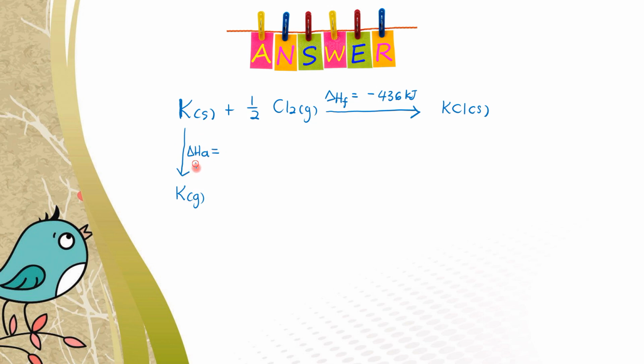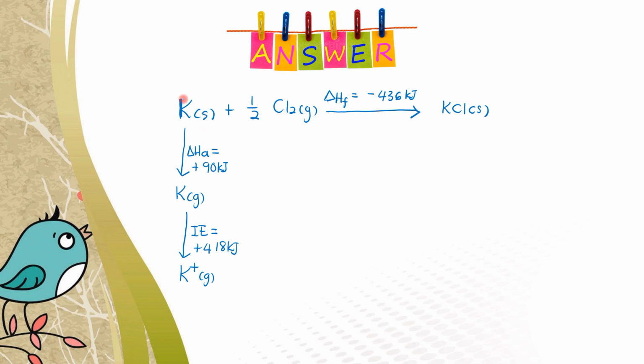The value here is positive 90 kilojoule. Remember, you have to include all the phases with correct coefficients, balance, and label all the delta H values. Gaseous atom produces gaseous ion. This is referring to IE, ionization energy, positive 418 kilojoule.